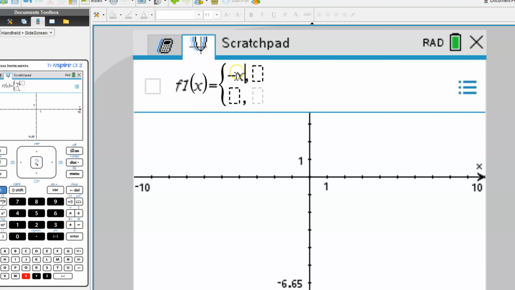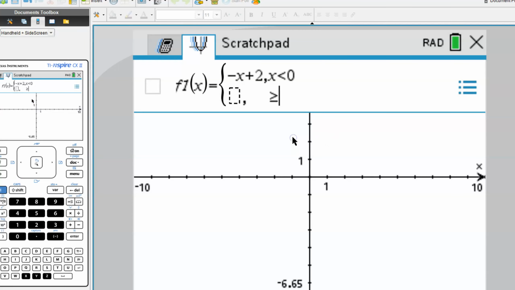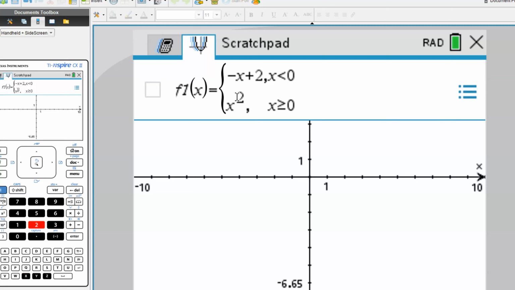Wonderful. Way to fill in the blank. And this is only if x is less than 0. How do I get the less than symbol? Control equal, and then it will let me put in an inequality. The equals is right under the control. And this is x squared plus 2.